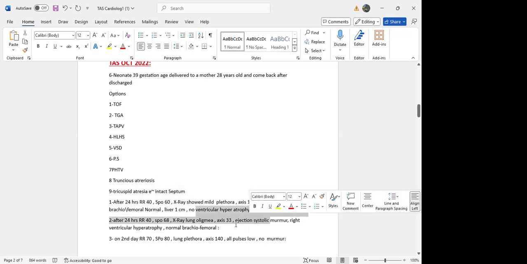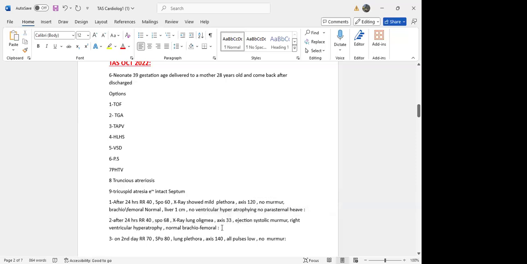So most likely the diagnosis over here is TOF. Among them, अगर आप उसमें बात करो, TAPVR is associated with very, very congested lung. It's not the mild plethoric, वो पूरे के पूरे snowman appearance थी. याद है आपको TAPVR? I've shown you the X-ray, okay? So that is why it is more likely TOF because the word is oligemic.